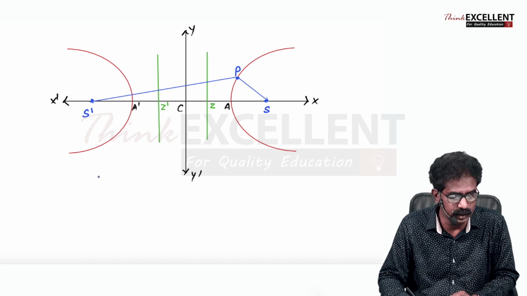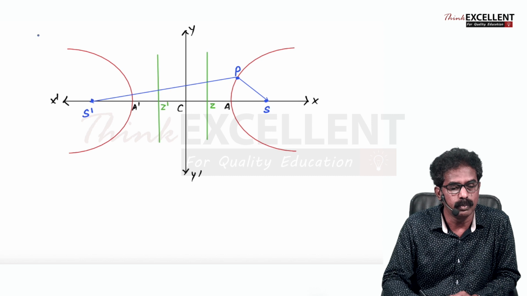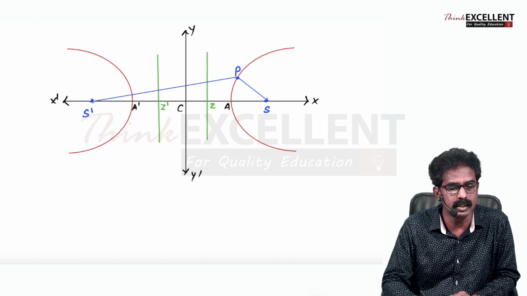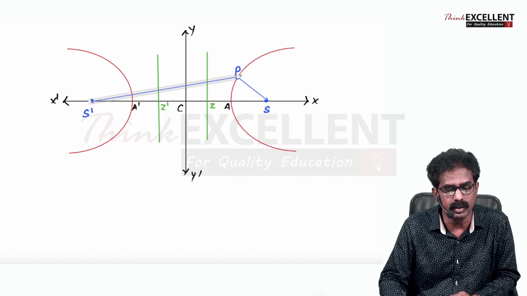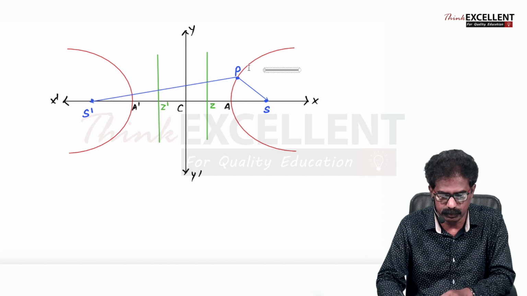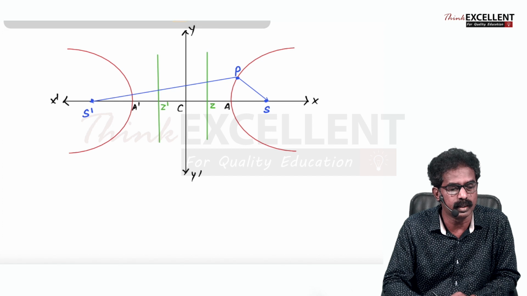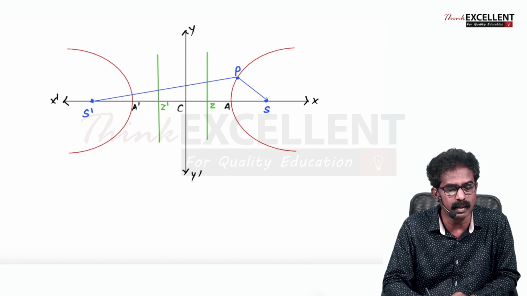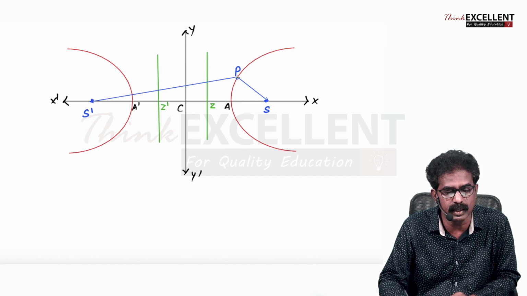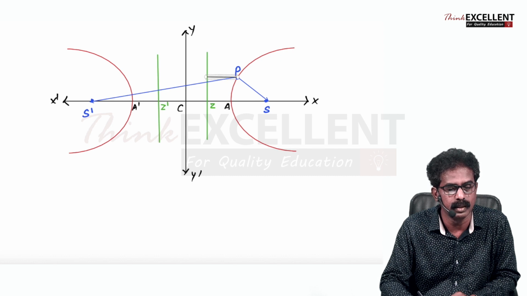We have to prove it is equal to 2A. We know the result SP by PM is equal to E. When you use that focus, you have to use only that directrix. SP by PM, this is M, is equal to E.